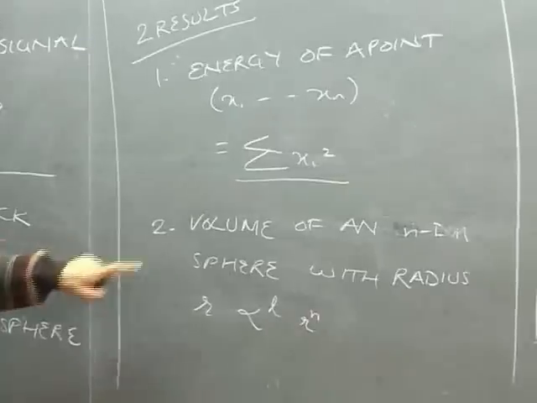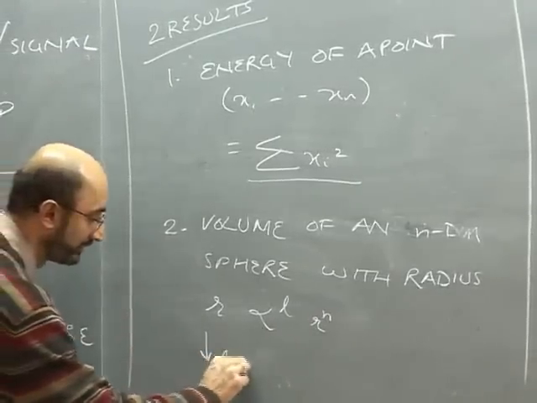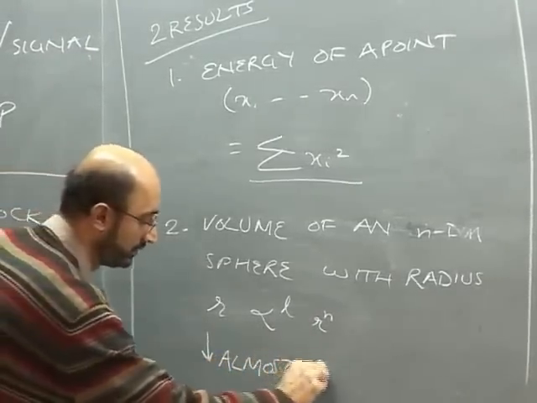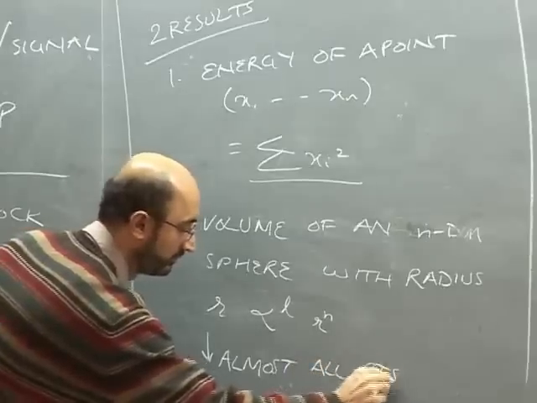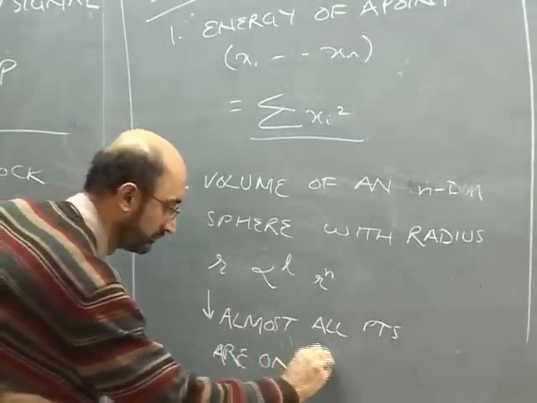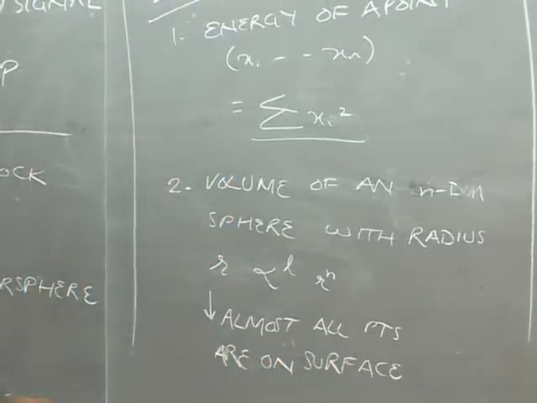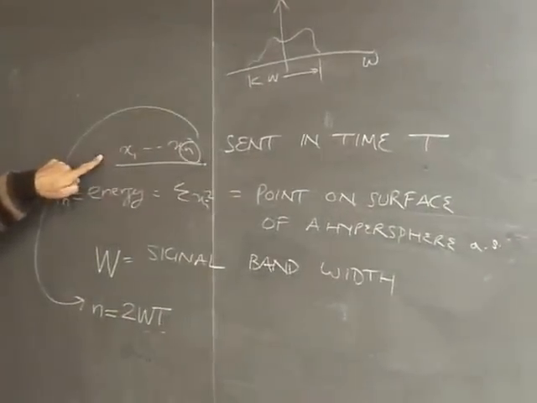The volume of an n-dimensional sphere is concentrated near the surface, consequently almost all points are on the surface. So this point, which is x1 to xn, that's also an n-dimensional point, must be on the surface.